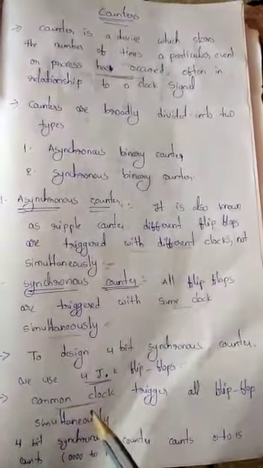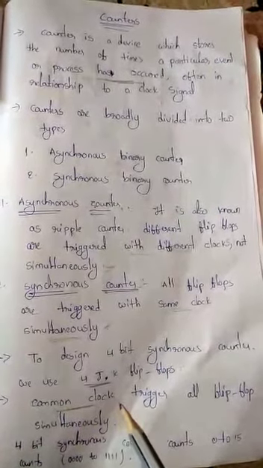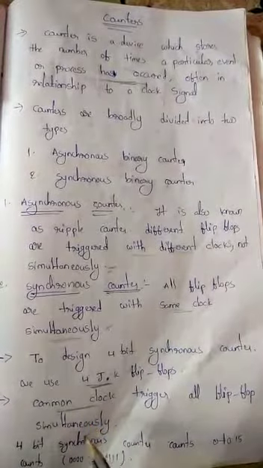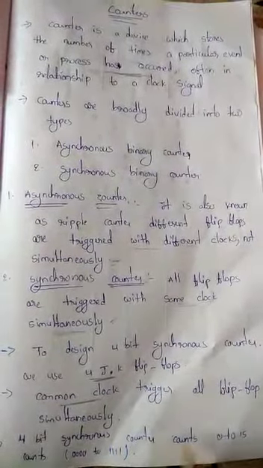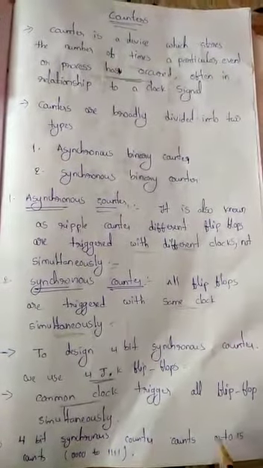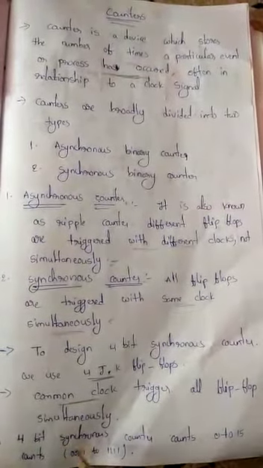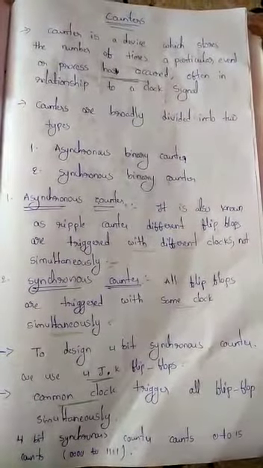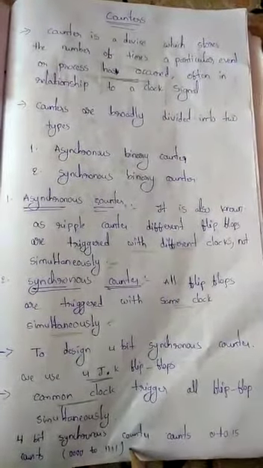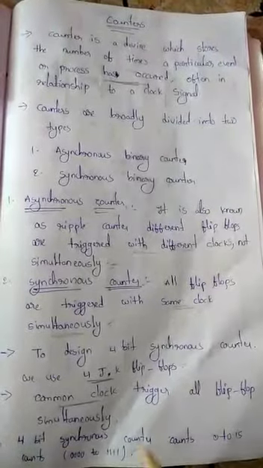That means in the 4-bit synchronous counter, all circuit elements run with the same clock. This 4-bit synchronous counter counts from 0 to 15, that is, 0 0 0 0 to 1 1 1 1.